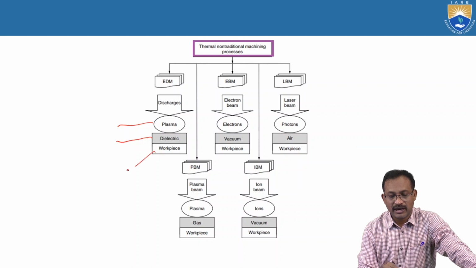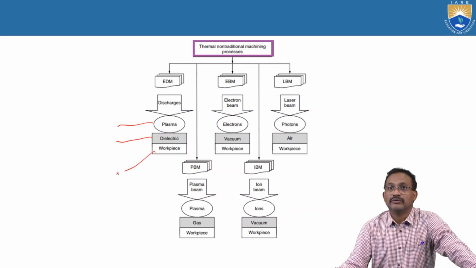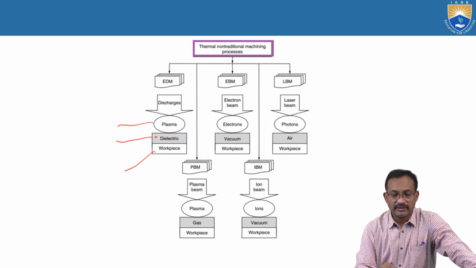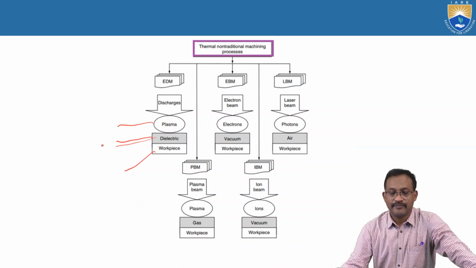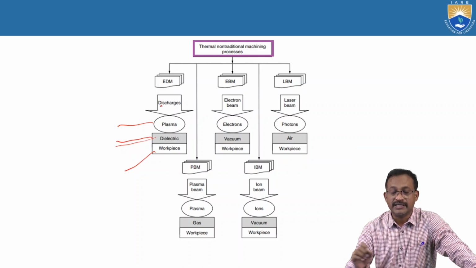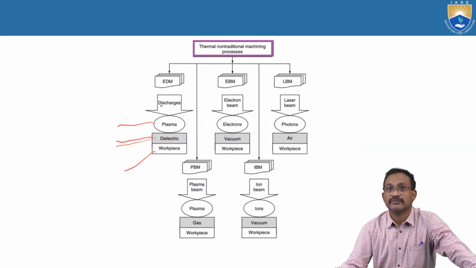The workpiece undergoes material removal, and the dielectric medium flows. Again, plasma strikes because of this discharge of electrons.